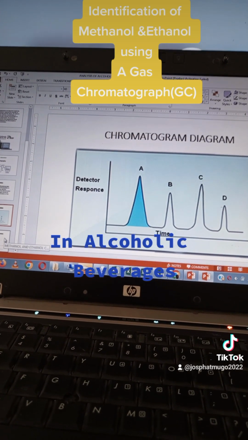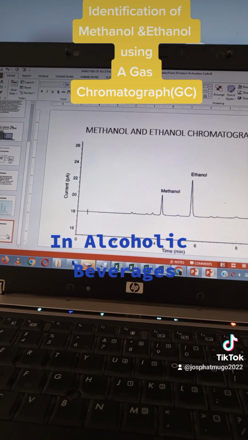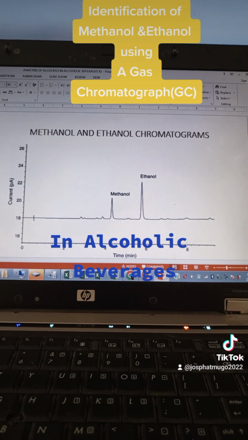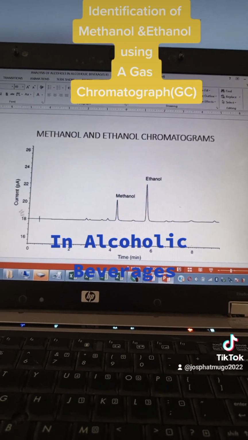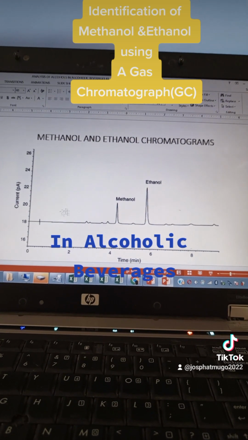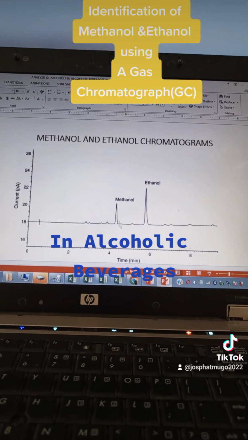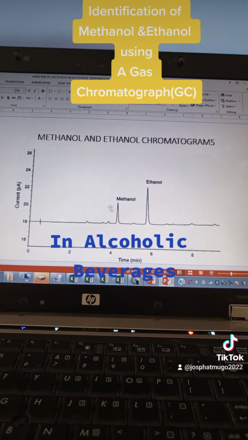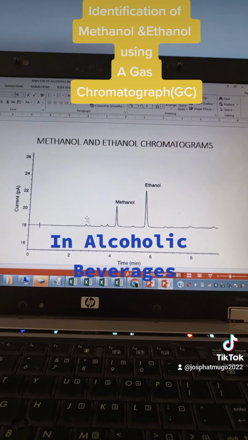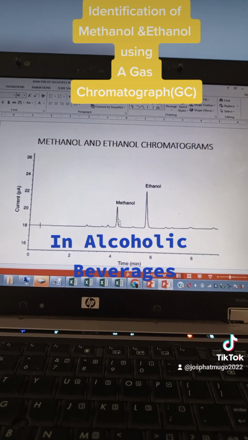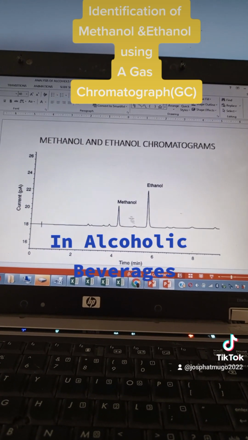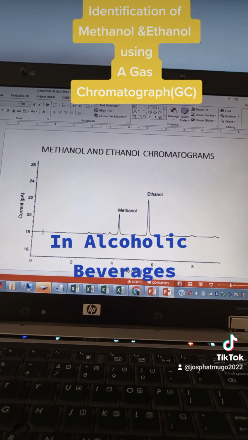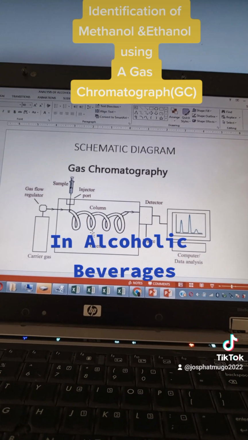Specifically, when we analyze methanol and ethanol in a sample, for instance in an alcoholic beverage, this is how the chromatogram of methanol and ethanol is going to look. You note that methanol elutes first, that is, it comes out of the column first as compared to ethanol. Remember, all this separation is taking place here in this column.